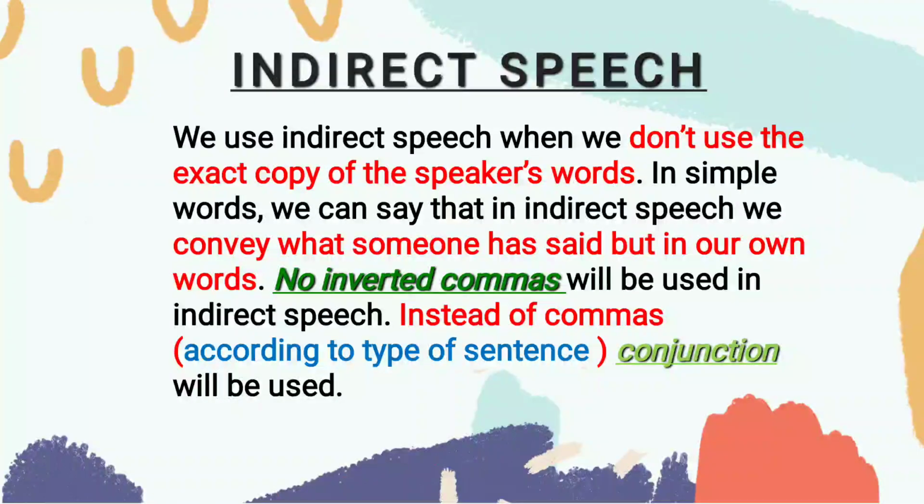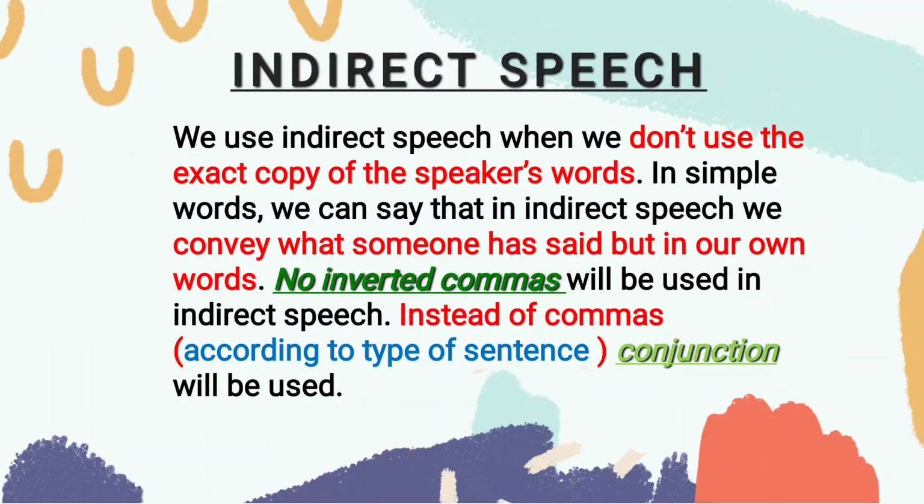Now, indirect speech. We use indirect speech when we don't use the exact copy of the speaker's words. In simple words, in indirect speech, we convey what someone had said, but in our own words.